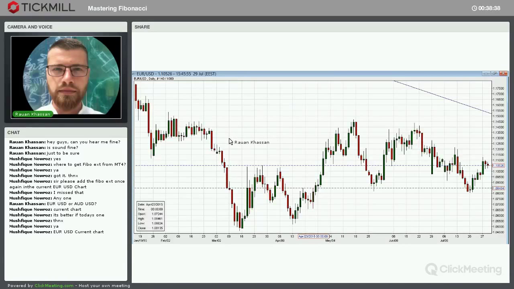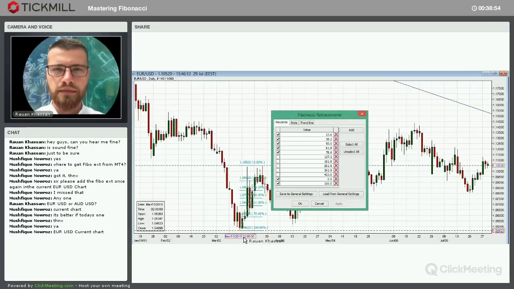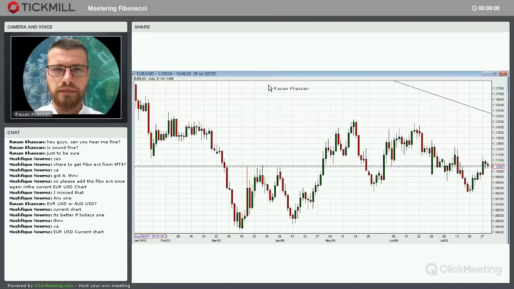So let's start analyzing Euro dollar on a daily chart, starting from the bottom of the 13th of March of this year. We connect the top of March with the bottom of March. The latter one is the bottom for the whole year itself.